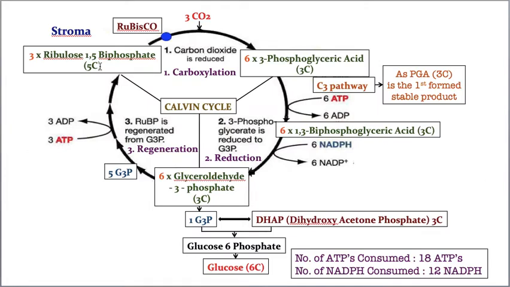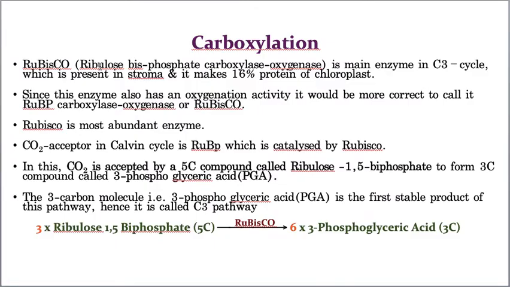If you understand the cycle, I need not explain all this. But when you are writing it down, you should know how to write. That's why I typed all these things. The first carbon dioxide acceptor is nothing but RuBP, and this whole reaction is catalyzed by Rubisco.